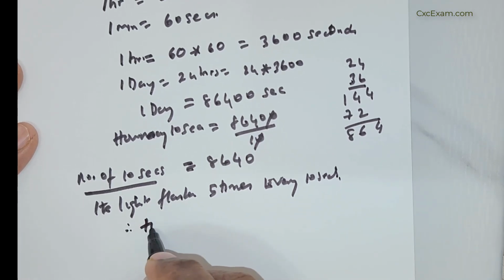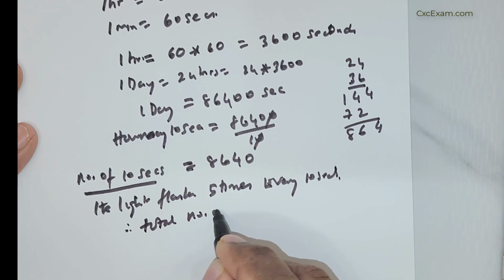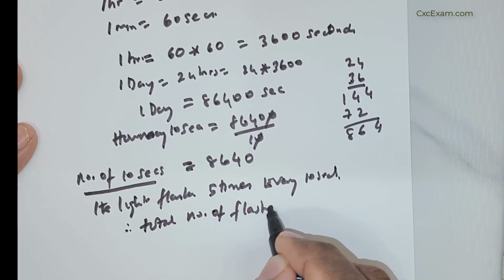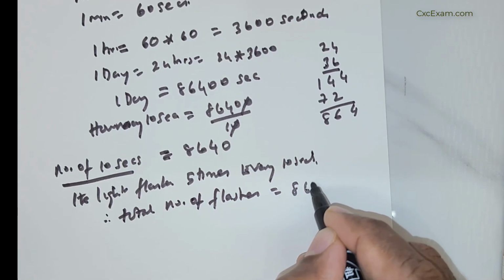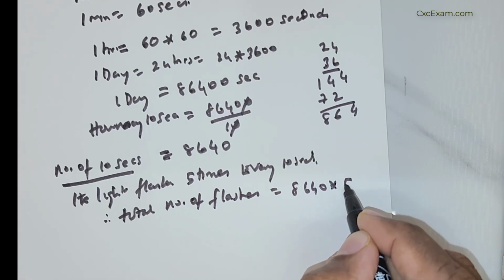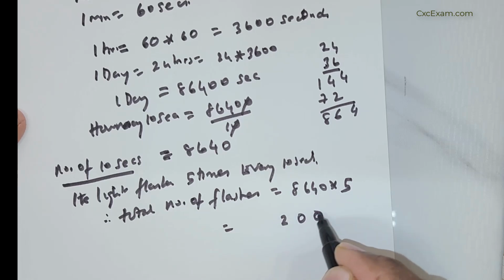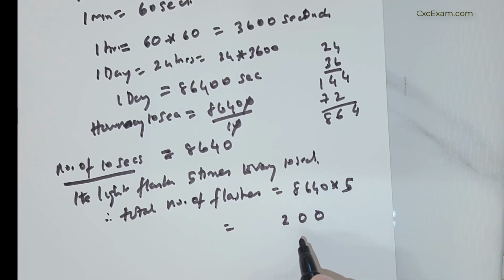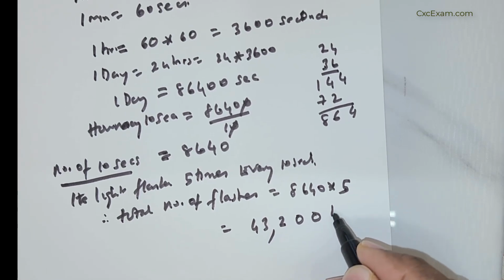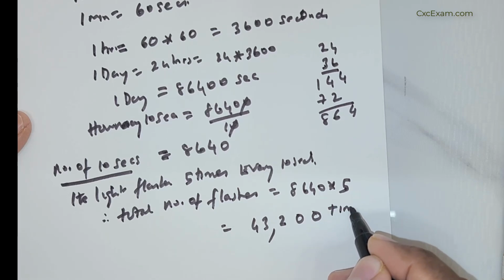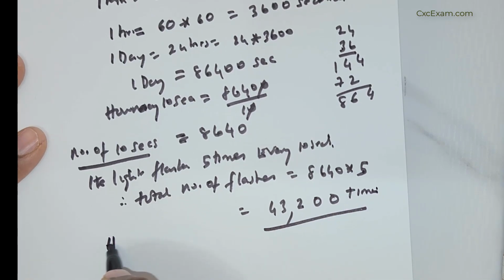So therefore the total number of flashes is equal to what? 8640 you multiply with 5. 5 4s are 20, 30, 32, 3, 8 5s are 40 and 43. So 43200 times, right?